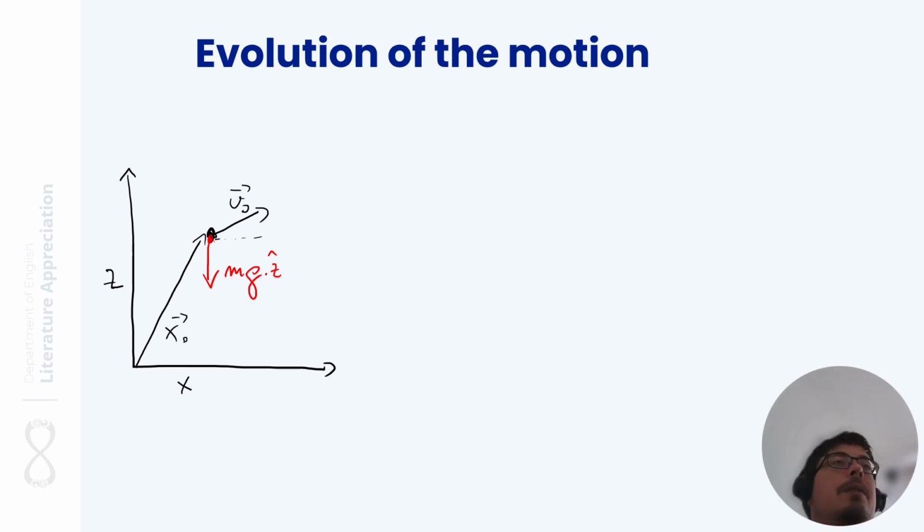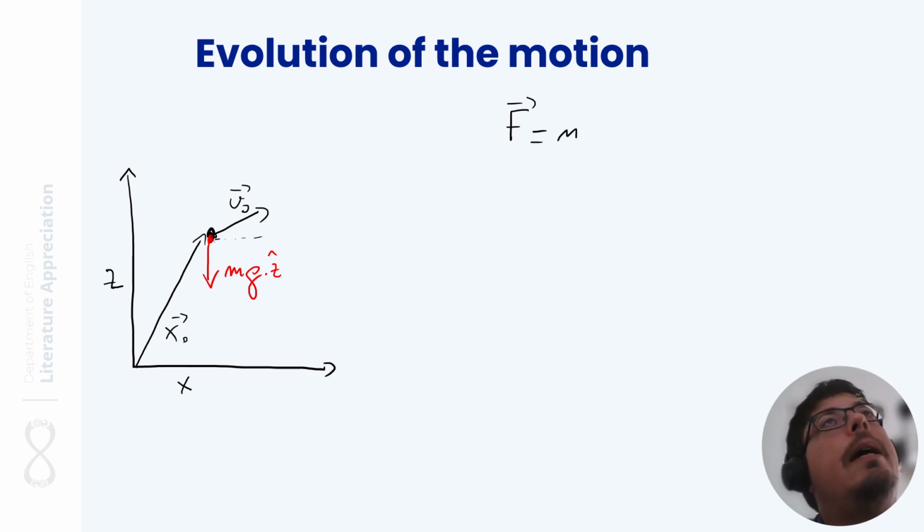What happens next is that we need to write equations of motion in the two directions, z and x, because we know that F is equal to ma, Newton's law of dynamics.